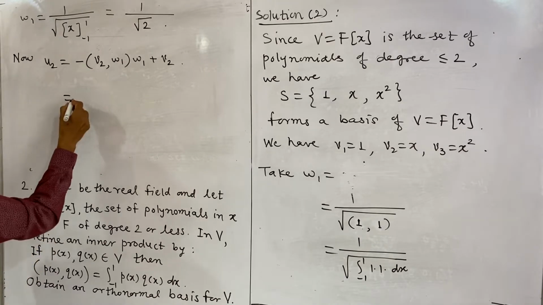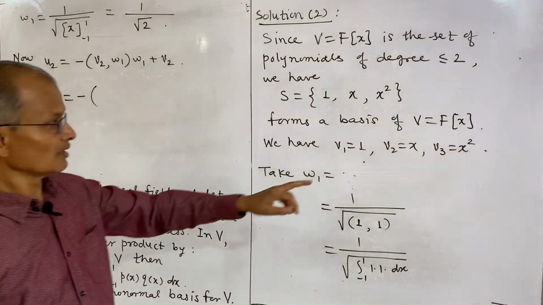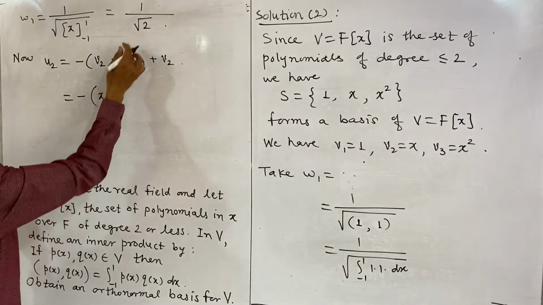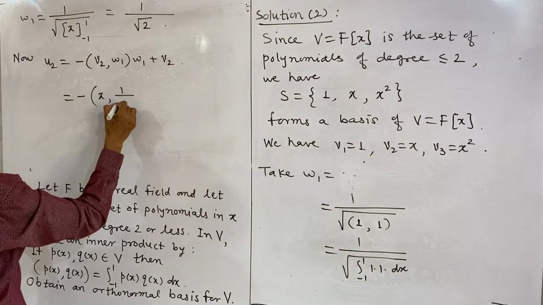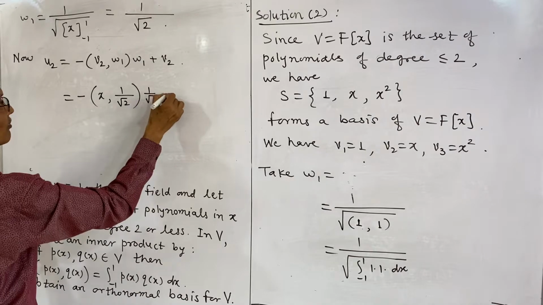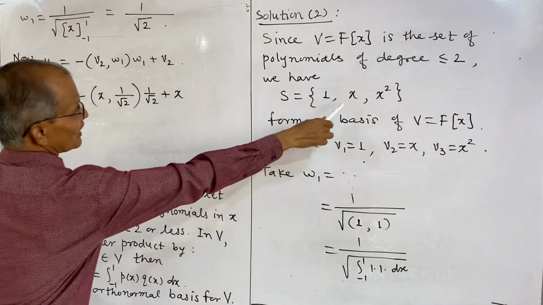We have to obtain this first, that is inner product of V2. V2 is x, and what is W1? W1 is 1 upon root 2, multiplied by W1, that is 1 upon root 2, plus V2. V2 is again x, the second vector.